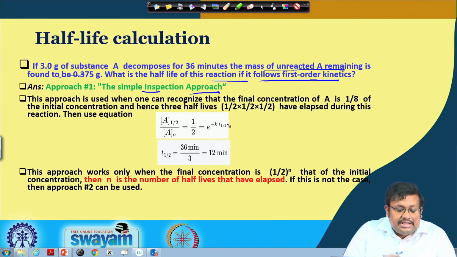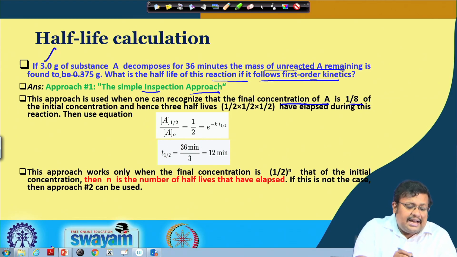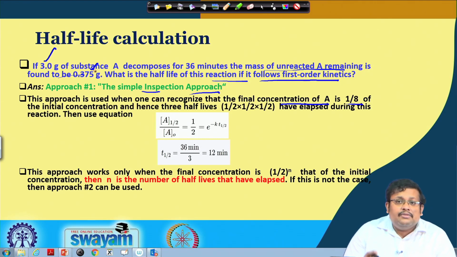This approach is used when one can recognize that the final concentration of A is basically 1/8 of the initial concentration. You can see the initial concentration is 3 grams and the final concentration is 0.375 gram. So, the final concentration 0.375 is basically 1/8 of the initial concentration.